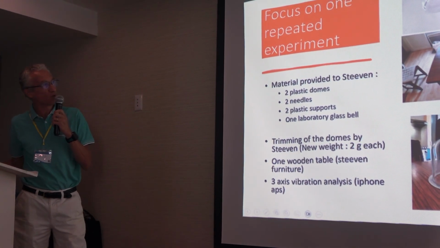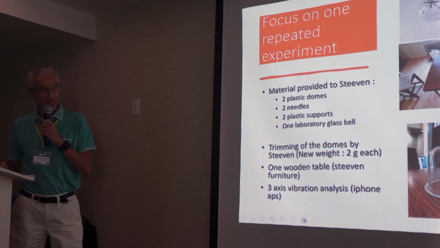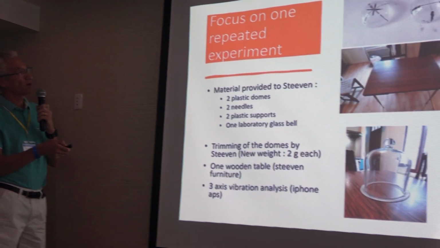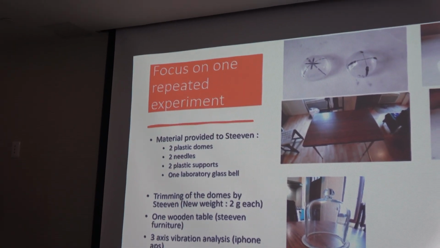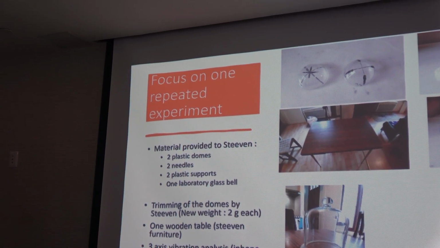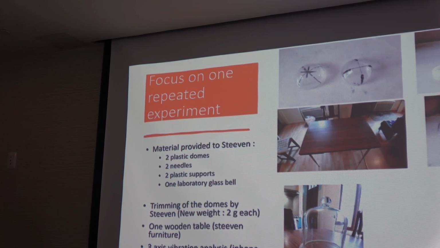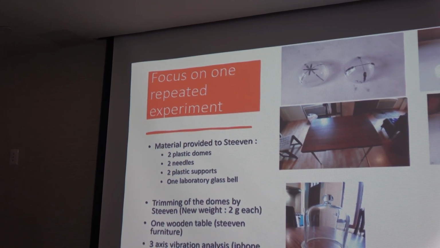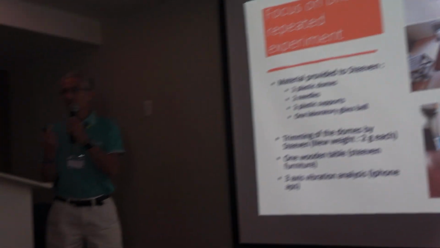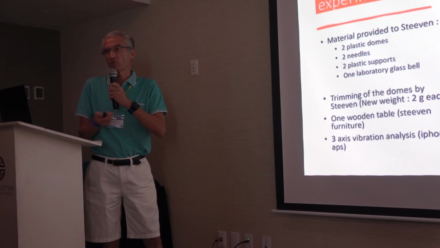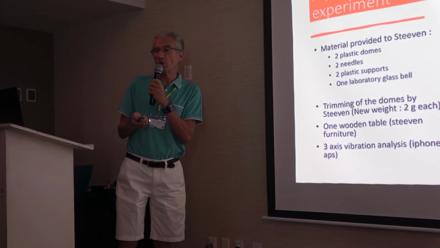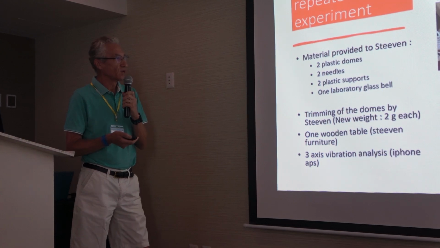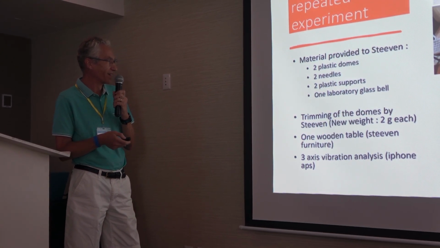So it was interesting because we saw further that this plastic dome has an edge around, and Steven, the PK agent, was not able to run it under the laboratory bell, except if he trimmed it, so he cut the edge around. So, as before, why? Maybe it's a bit lighter, but you see after that it's not really that. We don't understand all of it.